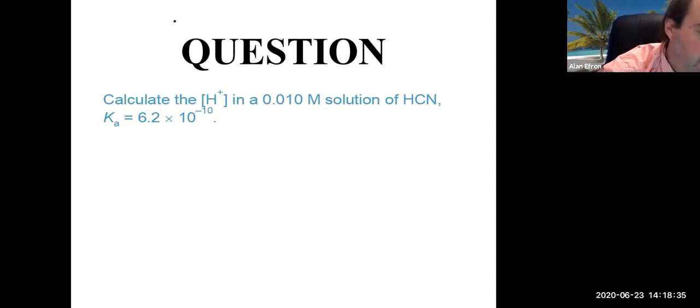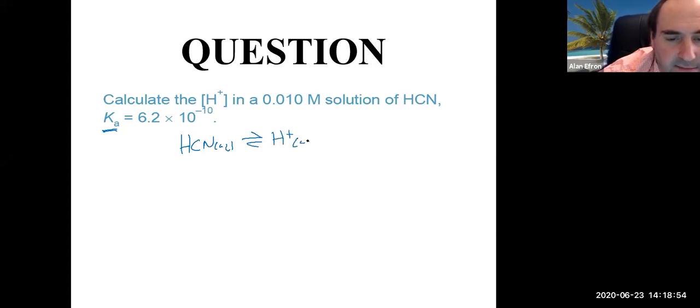Okay, so let's take a look, see how we're doing. So again, by the way, we do know it's a weak acid because we see a Ka value associated with it. So we know we should go with our ICE table approach here. Again, it's going to break apart into H plus and CN minus.